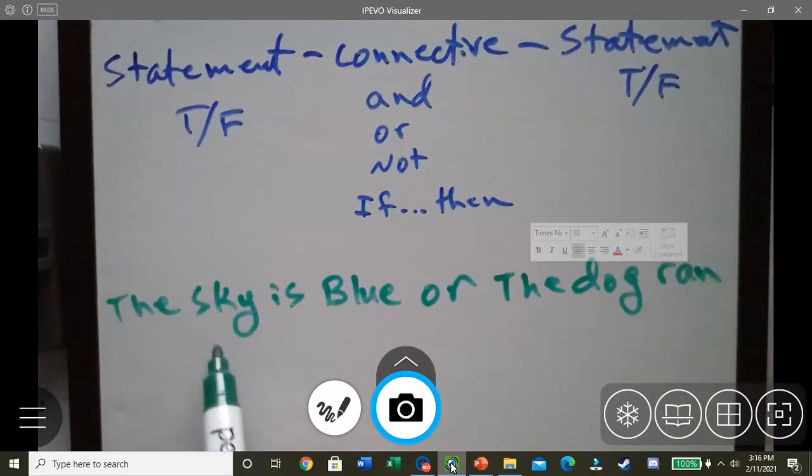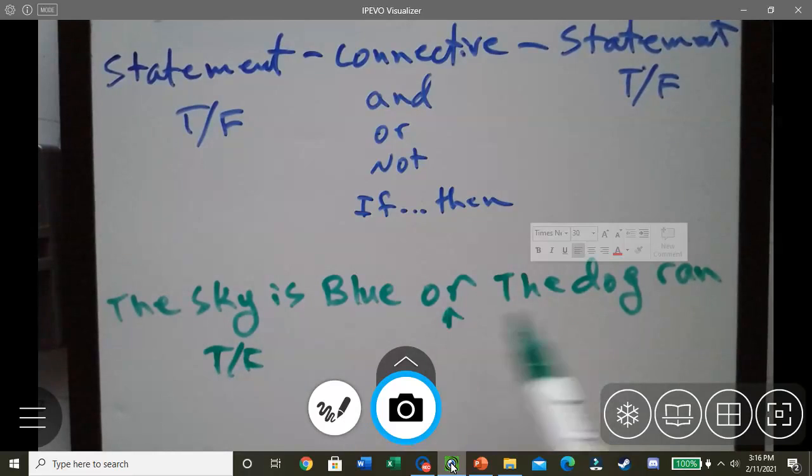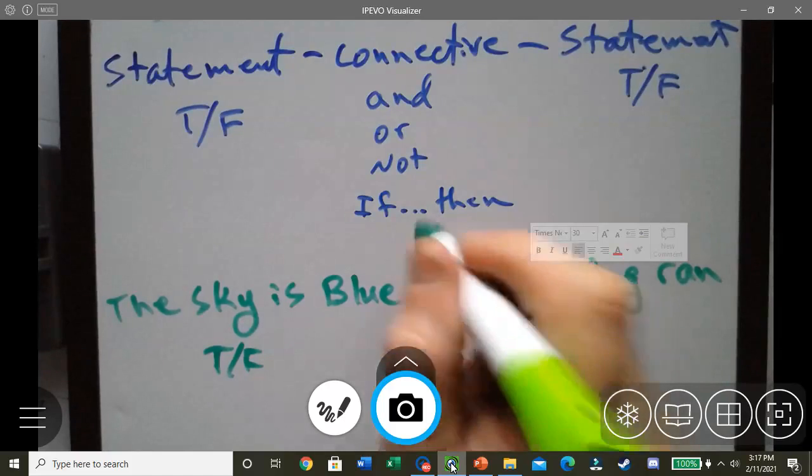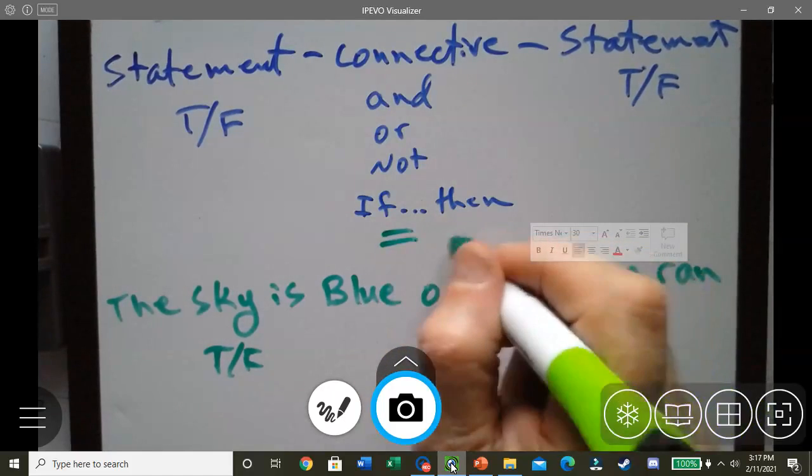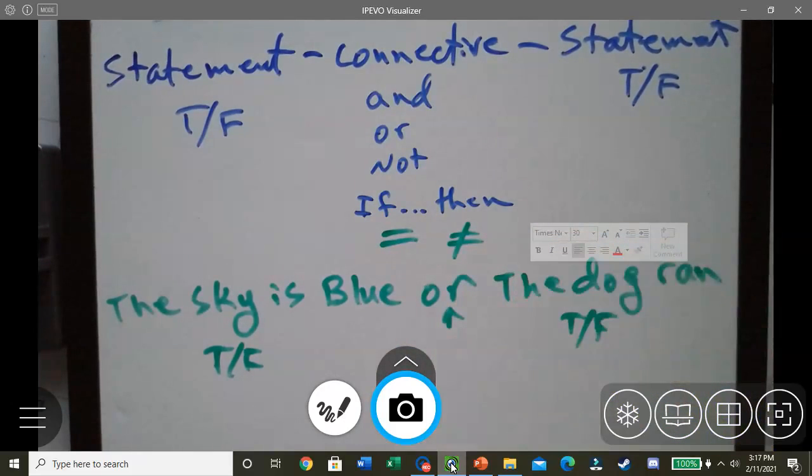This is a true or false statement. This is a connective. This is a true or false statement. So that would be considered a compound statement. But one other thing, you could also include an equal to sign or a not equal to sign in there for a compound statement.